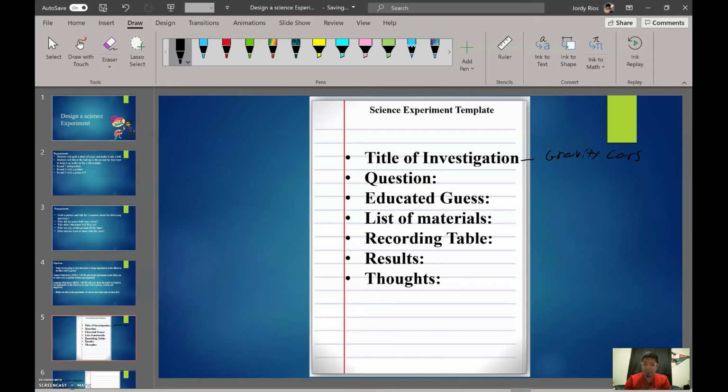Question. This could be done all of us as a class. How does gravity affect height? So that's what we're thinking about.